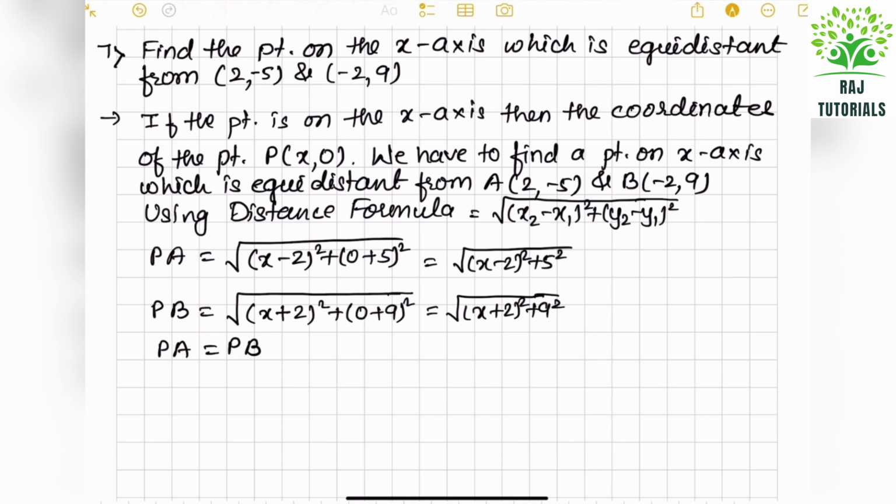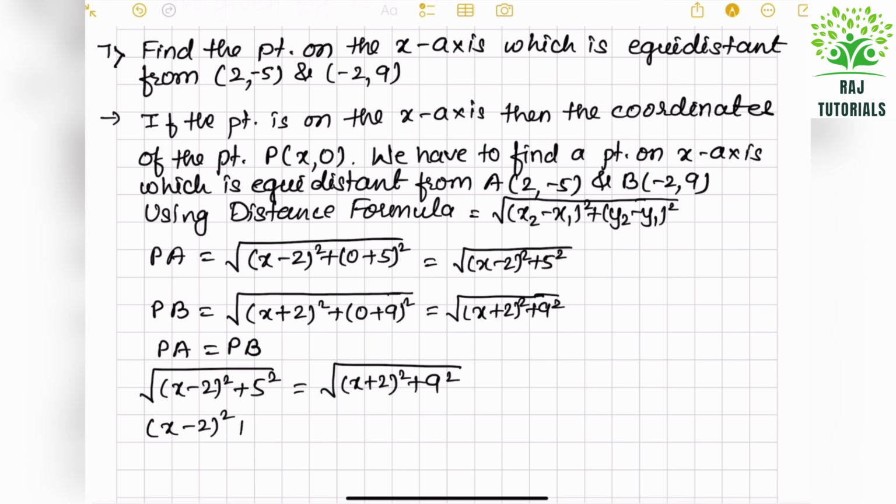So here PA will be equal to PB. So I can say root of (x minus 2) whole square plus 5 square equal to root of (x plus 2) whole square plus 9 square. Squaring both sides, I will have (x minus 2) whole square plus 5 square equal to (x plus 2) whole square plus 9 square.